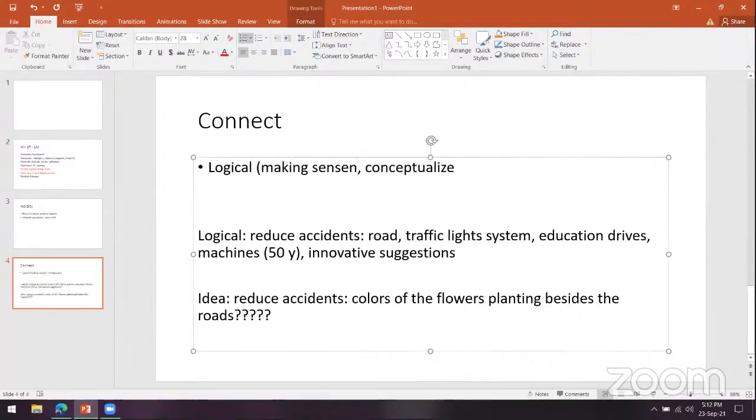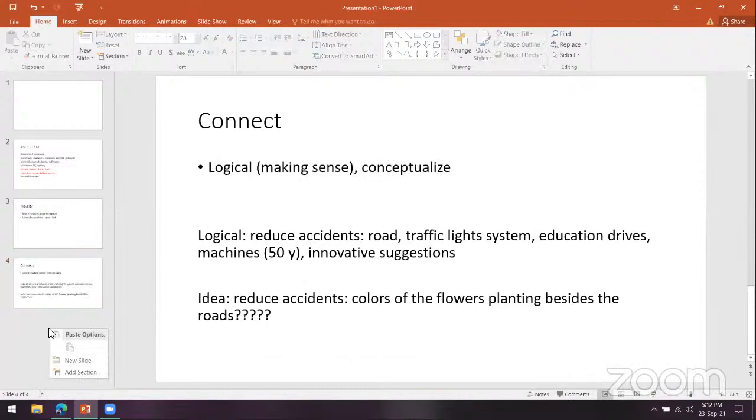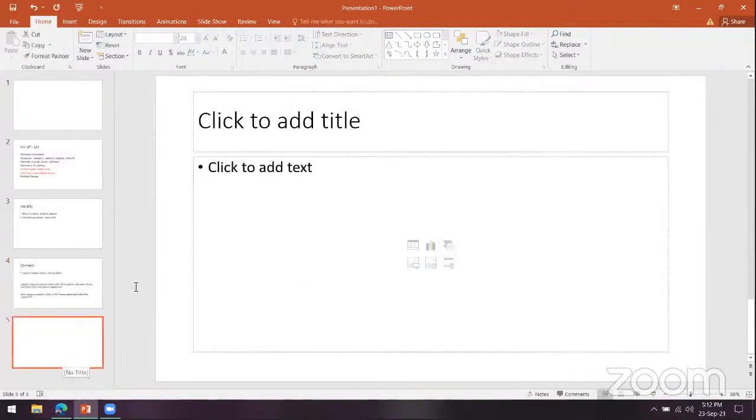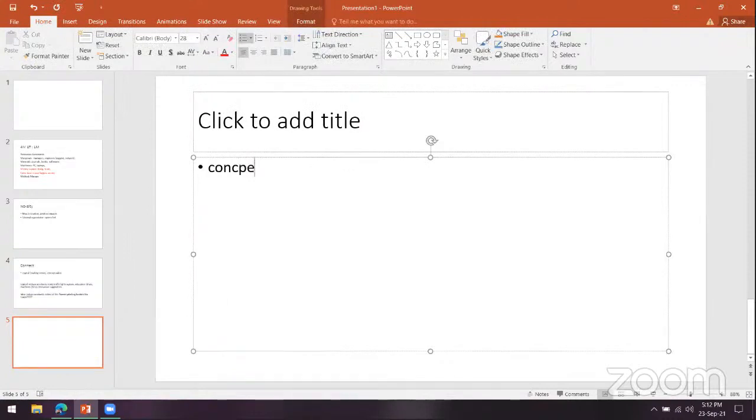Then after that, another one is conceptualize. How are we going to put everything into a concept? Conceptualize means how you are going to put everything into a concept.